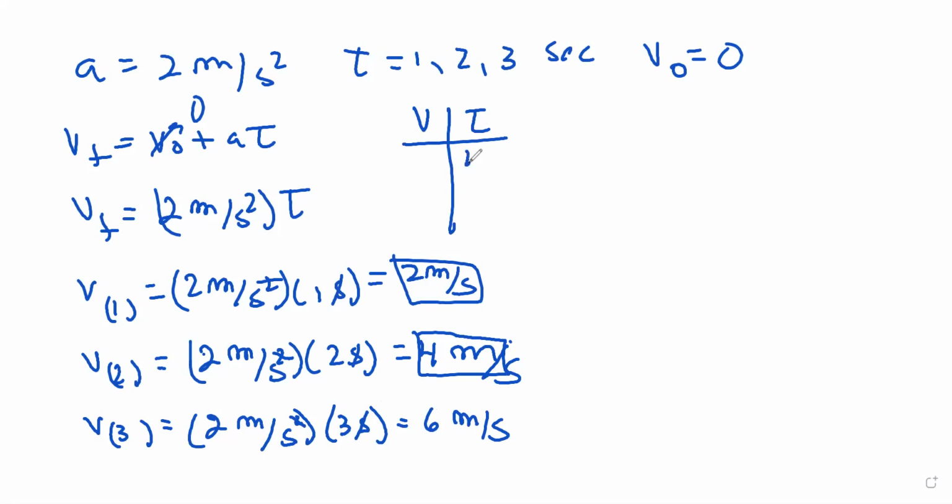For 1 second, your velocity is going to be 2. For 2 seconds, your velocity is going to be 4. And for 3 seconds, your velocity is going to be 6. And we can make another graph here. Let's do another graph. So the graph is going to look something like this. So we have here the time.